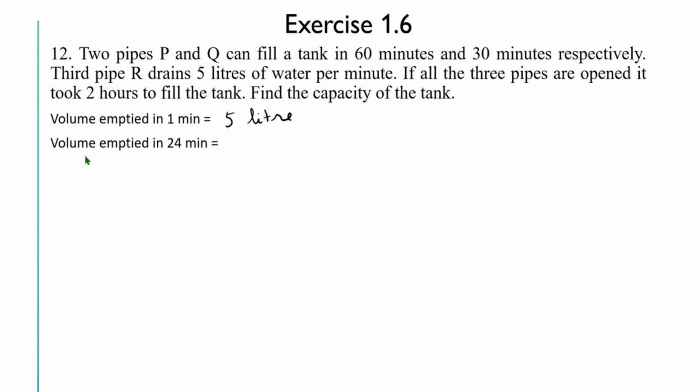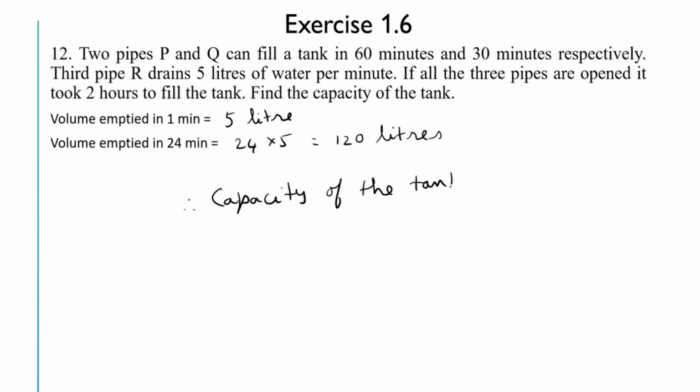So volume emptied in 24 minutes will be equal to 24 into 5, that is equal to 120 liters. So therefore, the capacity of the tank is equal to 120 liters.